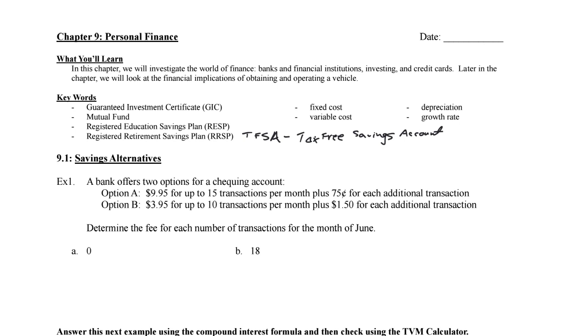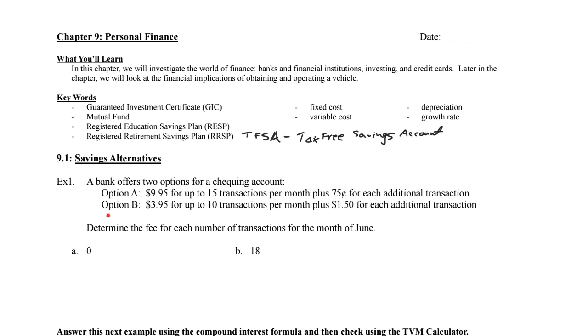So for this first bank that we have here, the bank offers two checking accounts. Here's option A. You've got $9.95 for up to 15 transactions per month, plus 75 cents for every transaction above 15. Okay.